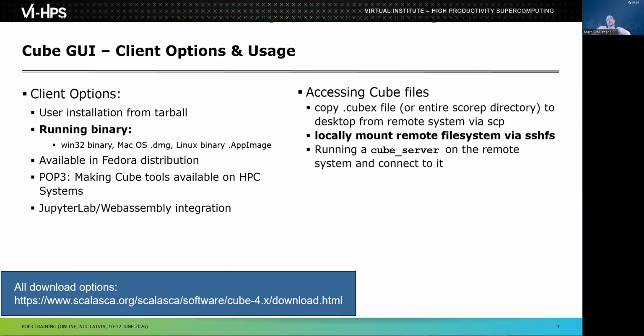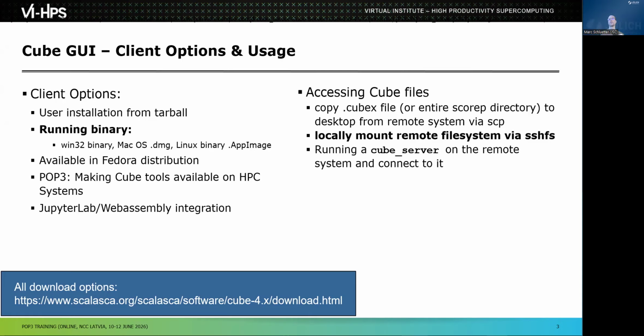When you actually want to open Cube result files, you can just copy the cubex file, which is enough for that, or you copy the entire Score-P directory. Some files like the config are maybe used for reference inside Cube, so they might be useful. And if you have the source code on the same system available, you can link to the source code.